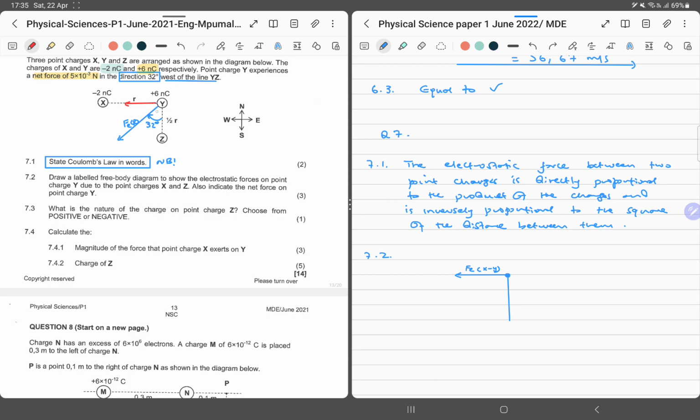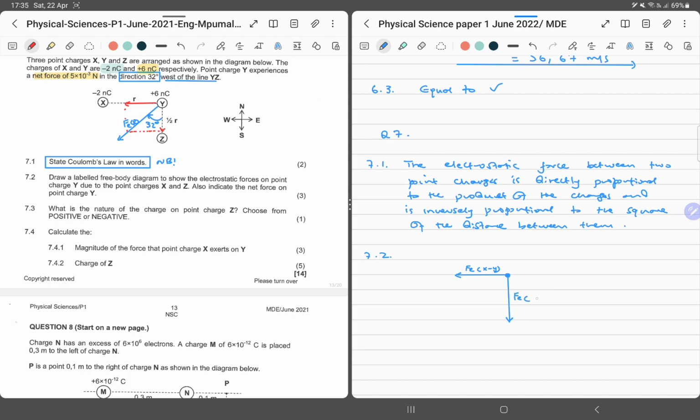Remember, if the resultant force is going that way, it means the force in here is directed down as well, because we are getting a parallelogram method for the resultant force. Or if you shift one of the forces, it's a head to tail method. So for this to be the resultant force, Z should be pulling that charge as well. The electrostatic force is directed to Z. So that was the tricky part, I guess.